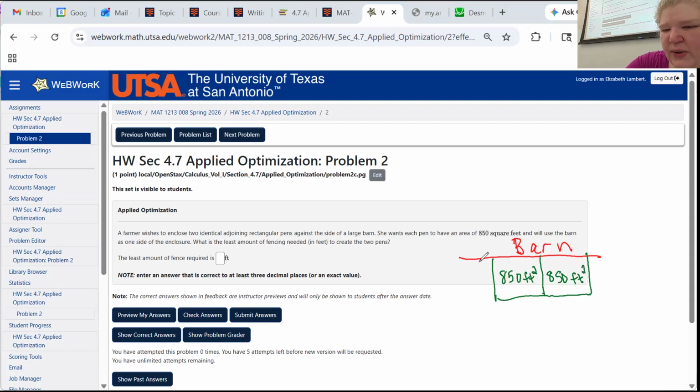So we can name the dimensions, and then we're doing least amount of fencing. So we need a formula for perimeter, or a formula for the fencing lengths, because it's not going to be the full perimeter of the diagram. And then we're going to have to use the fact that we know the area of one of the pens is 850 to relate the two dimensions there.